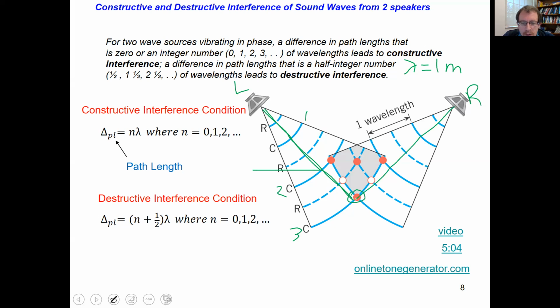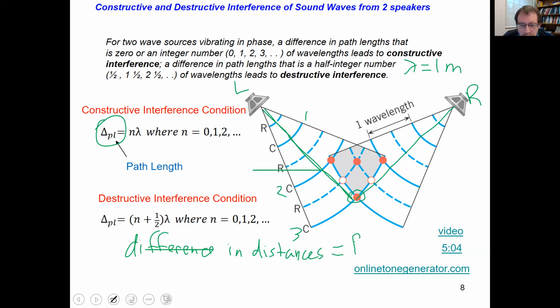Okay. So what I can do now is I can calculate the difference in distances. That difference in distances, we can represent this with delta PL and call it a difference in path lengths. But it's a difference in distances from my two sources. So this would be what?